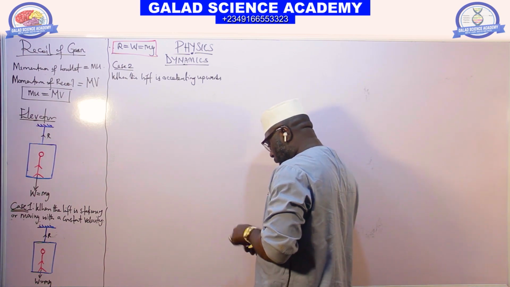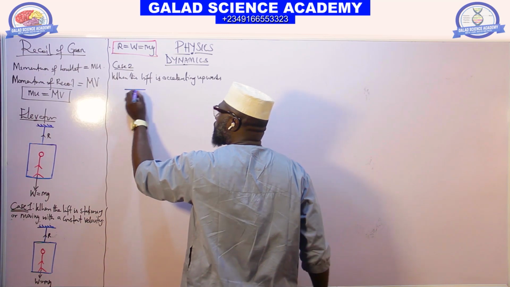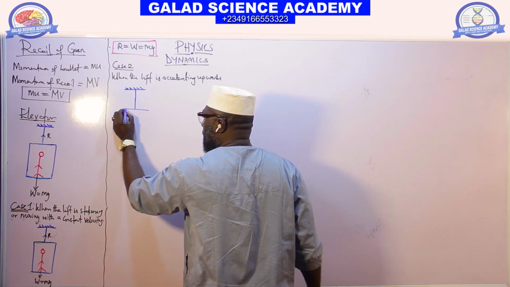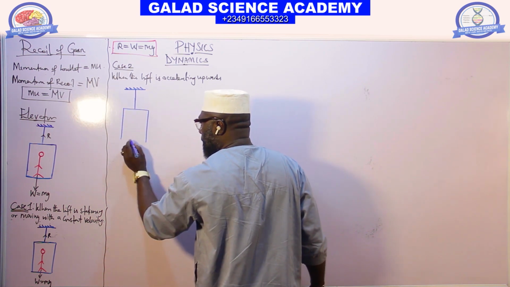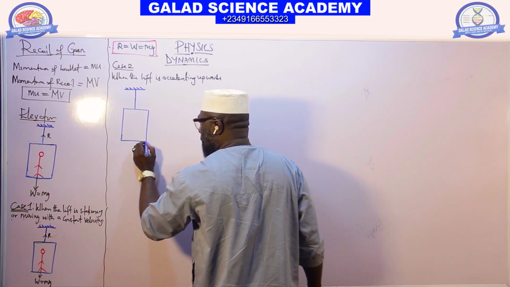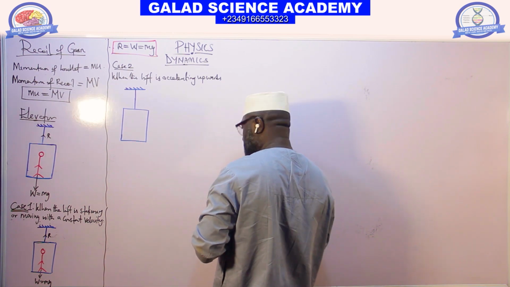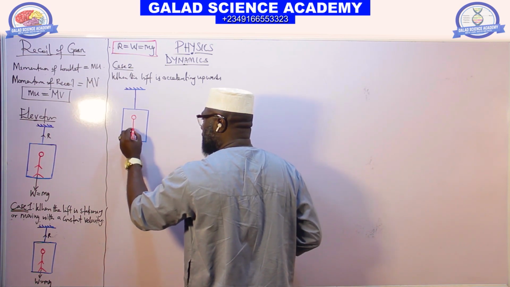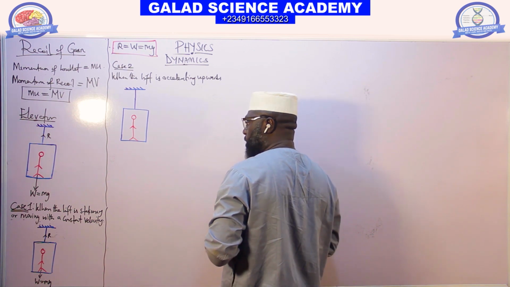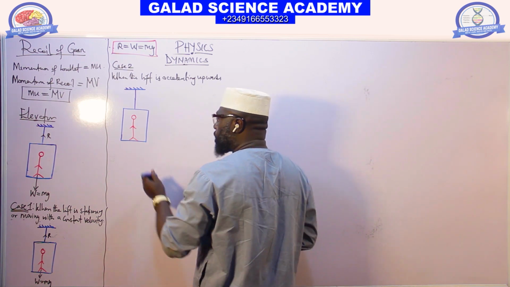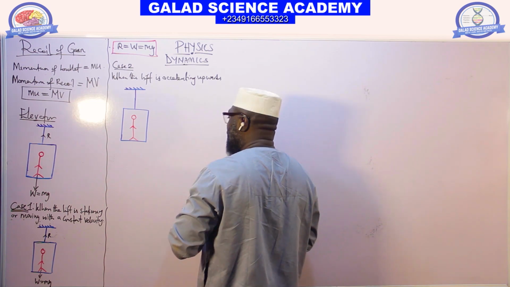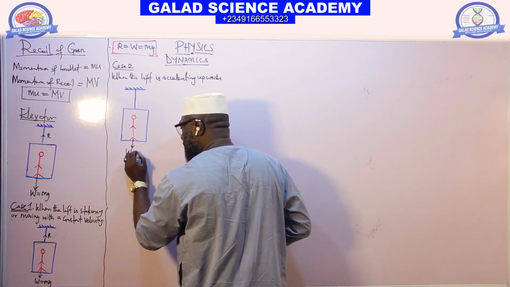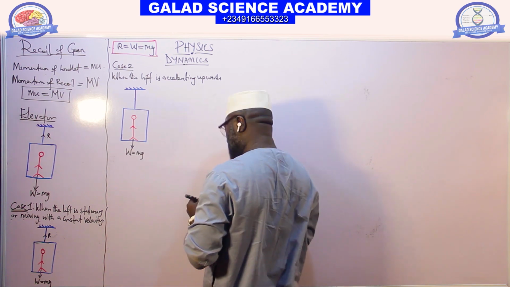When the lift is moving upward, we have a lift in this form, and this is the man in the lift. The weight of the man is acting downward, which is mg.